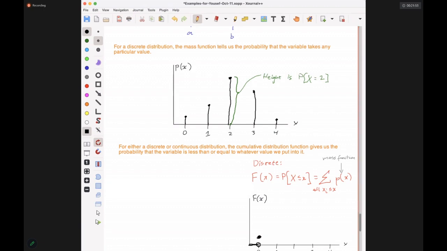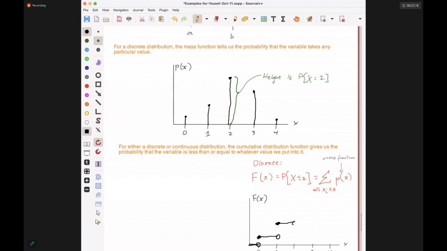But then it's continuing from there, the probability that x is less than or equal to 0 stays the same between 1 and 0 until we get to 1, and now it jumps up again. And the height it jumps up is the height of that second bar there.